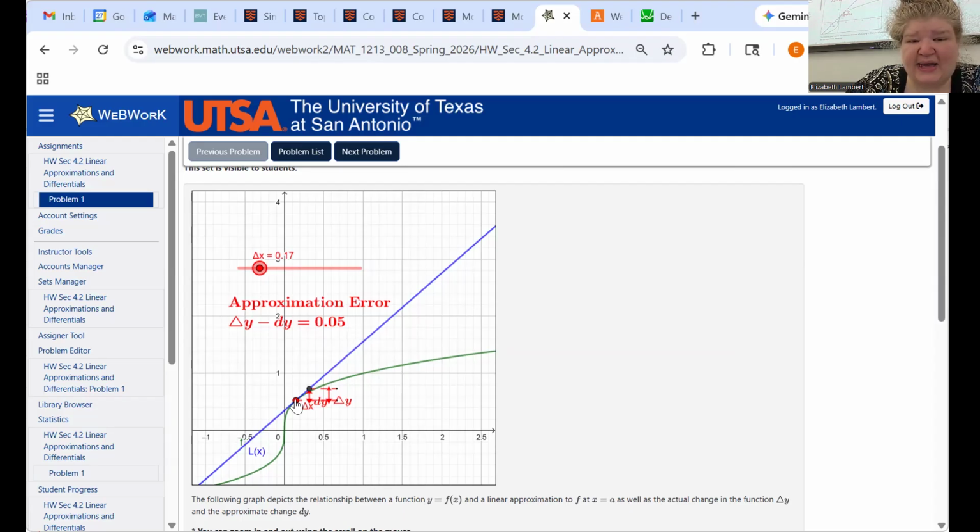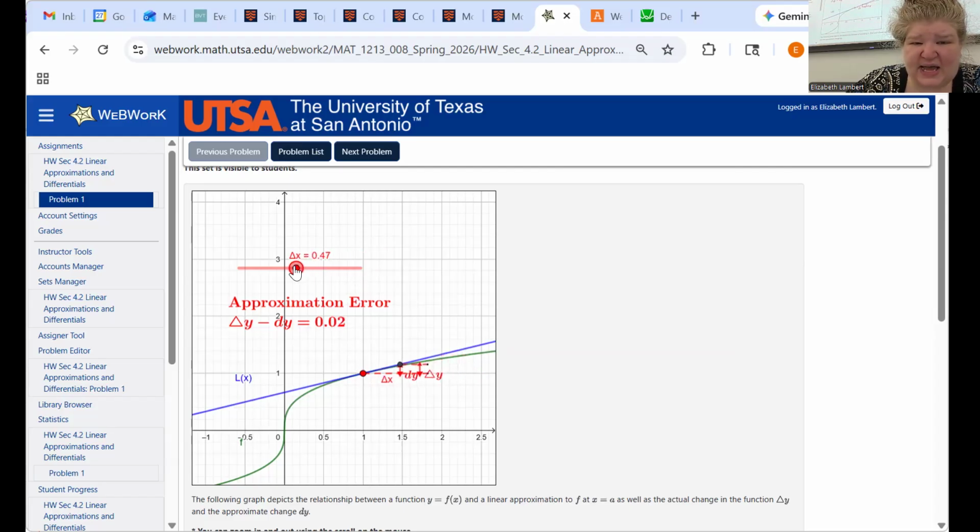Now, if I move my x value further away, like here, the graph is almost getting close to a line. There's not a lot of change when we're further away from a weird critical value. So here, even having a delta x of 1, my approximation error is only 0.07.